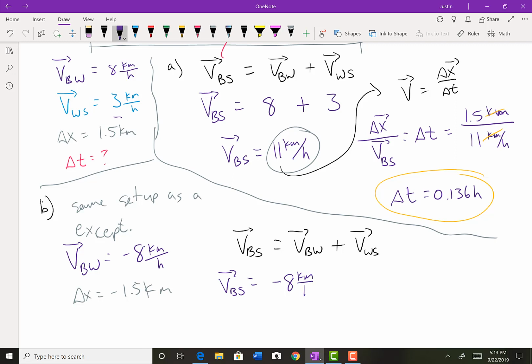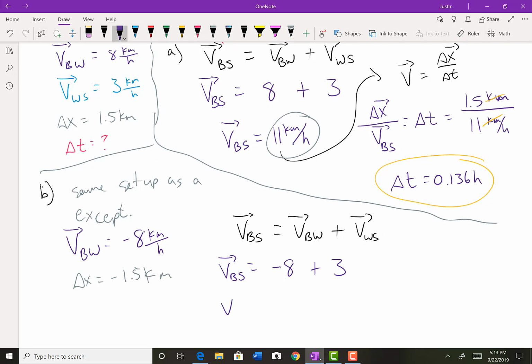It's -8 kilometers per hour. Forgo units for simplification, plus the velocity of the water with respect to the shore is still moving to the right at 3 kilometers per hour. That comes from part A's information here. And then I get a new velocity, which hopefully makes sense because the boat's going against the current, of -5 kilometers per hour.